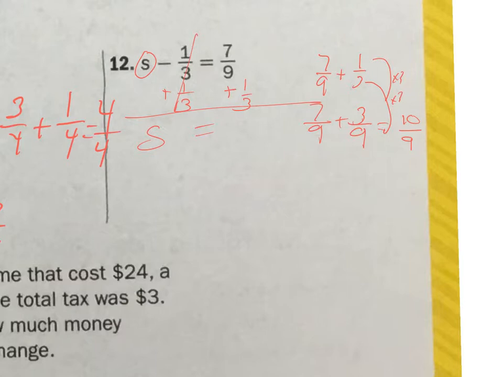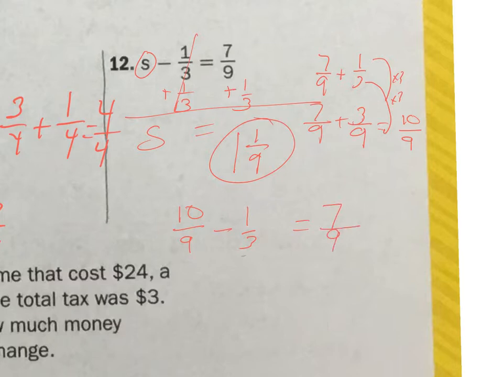Now that's an improper fraction. So how many times does 9 go into 10? 1 time with 1 left over. Okay? It's 1 and 1/9 is my answer. But I'm going to check it. 10 over 9 minus 1/3 equals 7/9. Let's see if this is correct.